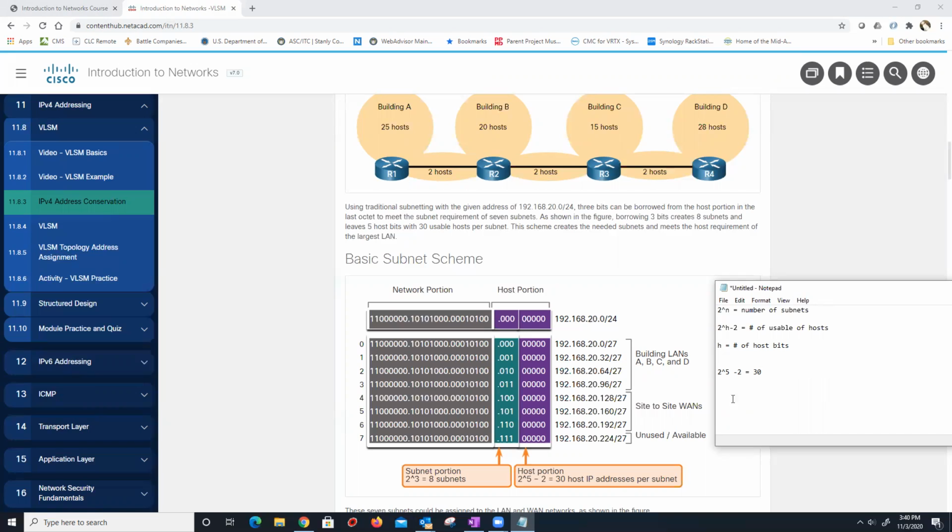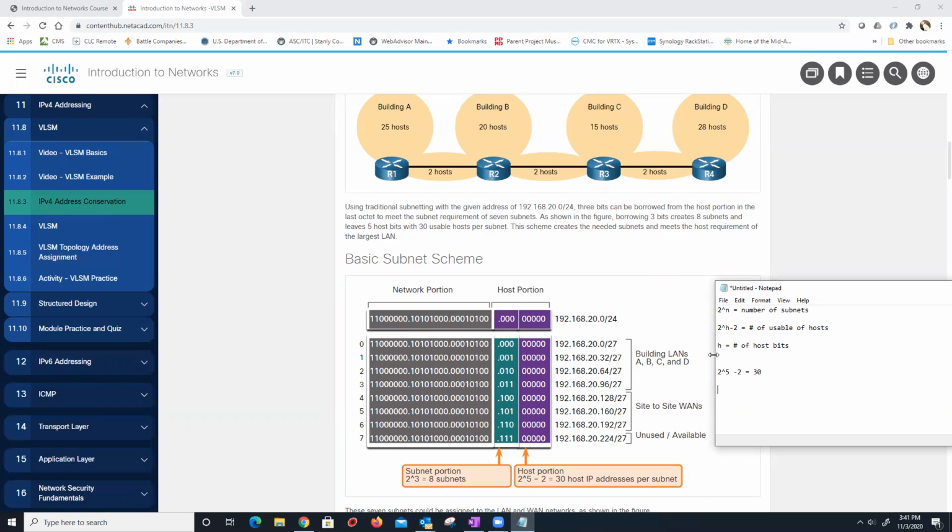Even if it wasn't a class C, if this happened to be, for instance, 10.0.0.0, it would make no difference whatsoever, because with this /24 we know we've got 8 host bits to play with. We've got to leave at least 5 of them in order to allow us to have 30 hosts per network.